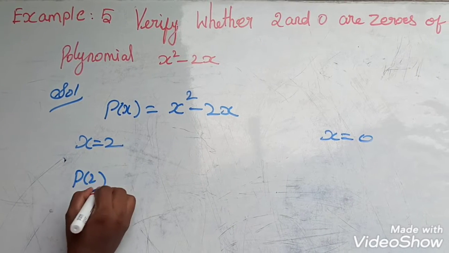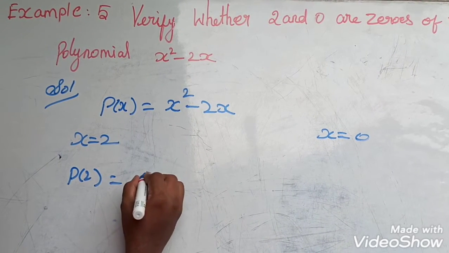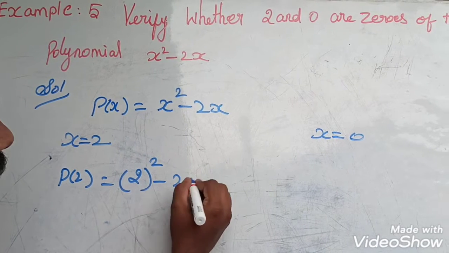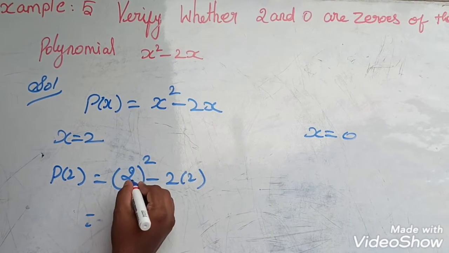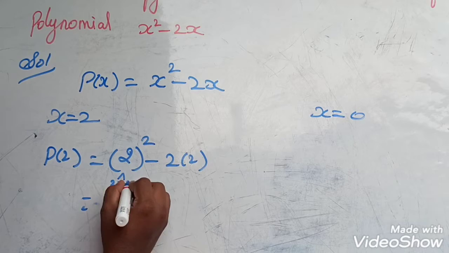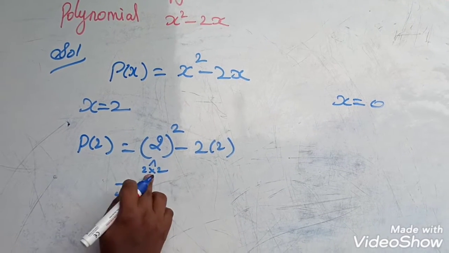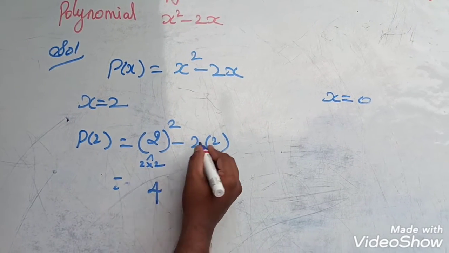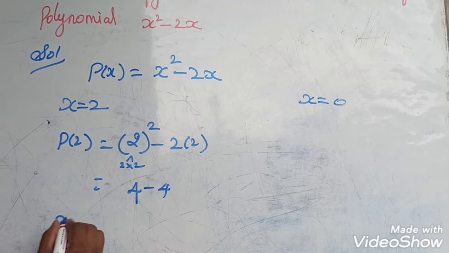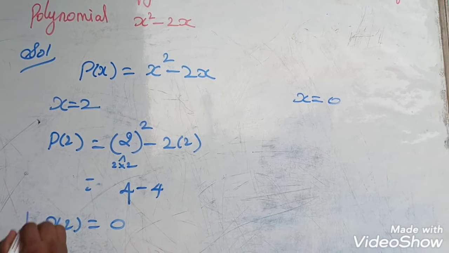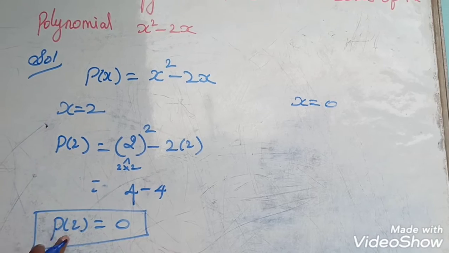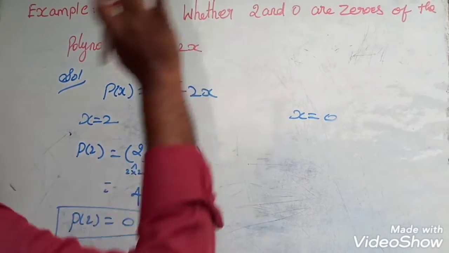So p of 2, which is equal to, I will take 2 square minus 2 into 2. So 2 square can be written as 2 into 2. In the rough work I write 2 into 2. So it becomes 4. 4 minus 4. So p of 2 is equal to 0. Already we verified 2 is the zero of the polynomial.